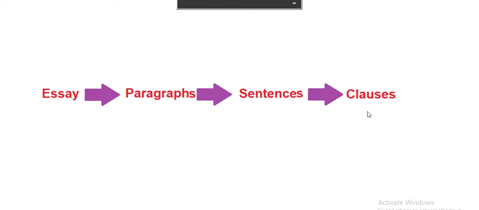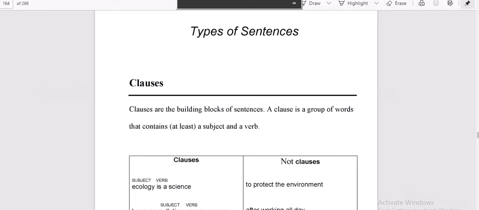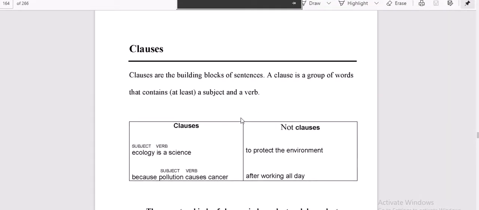Now, let me explain for you the two types of English clauses. A clause is a group of words that contains at least a subject and a verb.